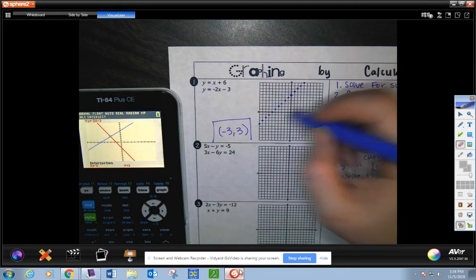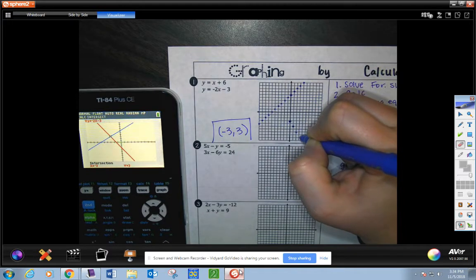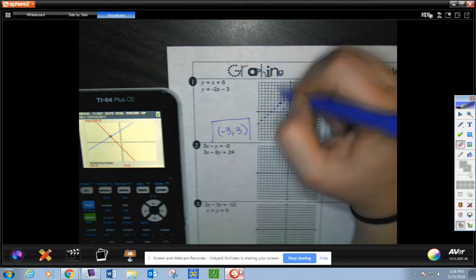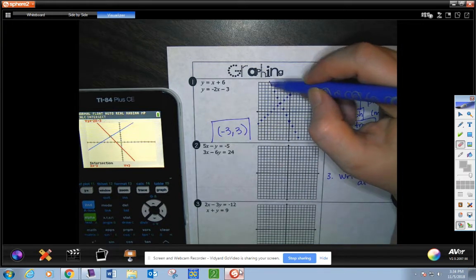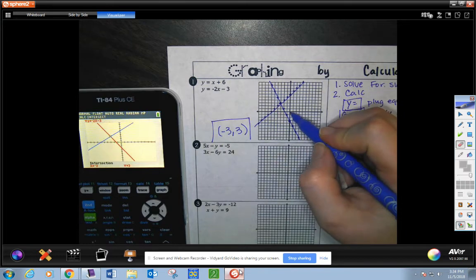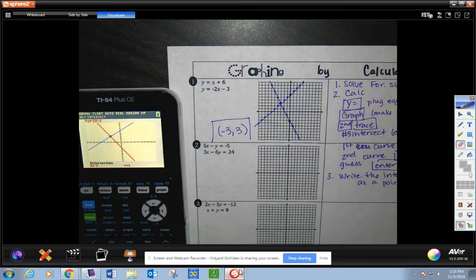Okay, for my other one, I go down negative 3, and I'm going to go down to the right 1. Okay, those are my 2 lines. I'm going to draw my lines in. And I'm going to just check. Did it intersect at negative 3, 3? And yes, it did.